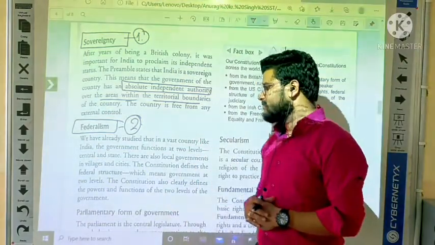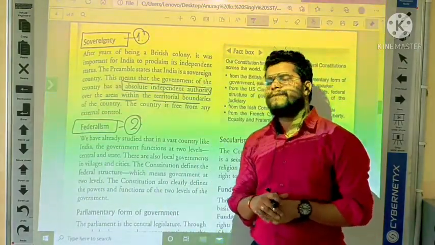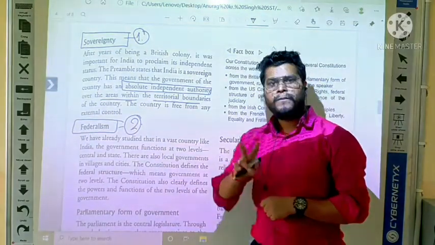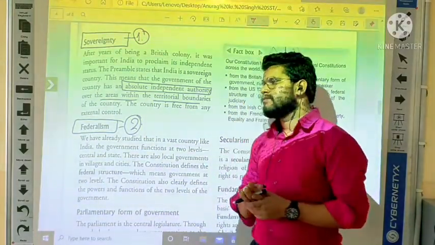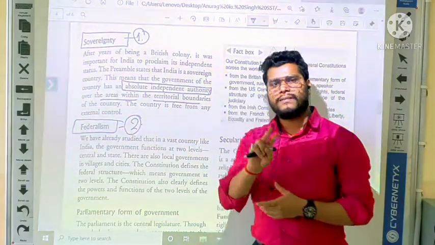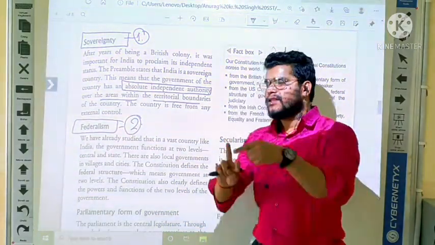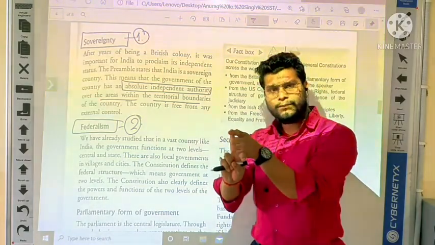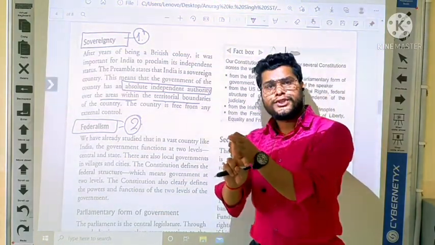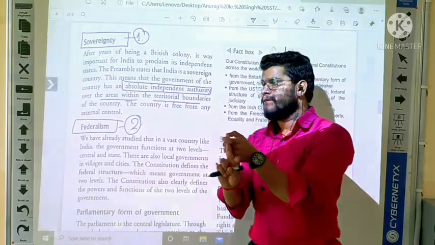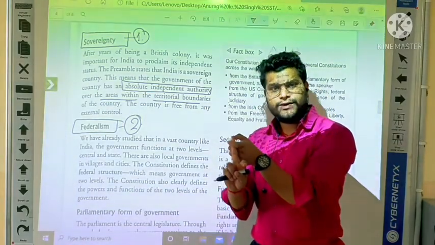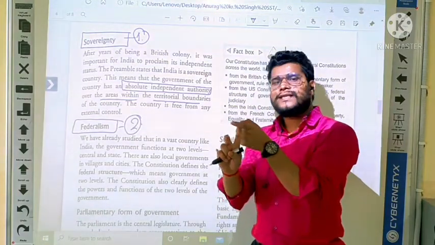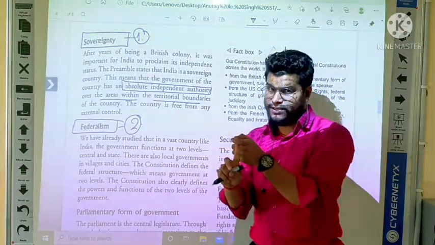Okay? Federalism. Yes, India is a federal country because we have two levels of government. Okay? The first one is the central government. Everybody getting my points? In which Prime Minister, Finance Minister, Foreign Minister, all are there. And the second one is the state.